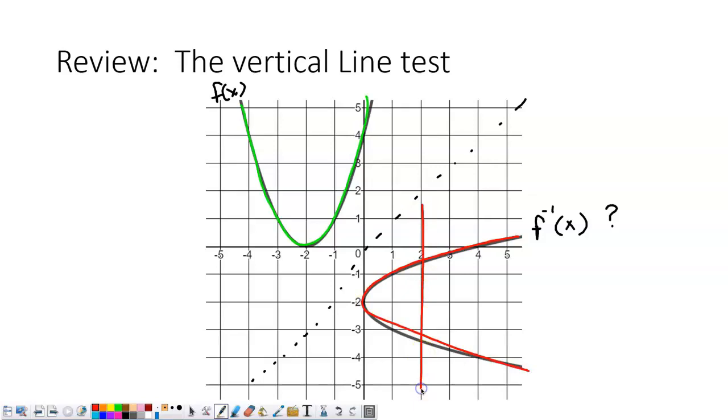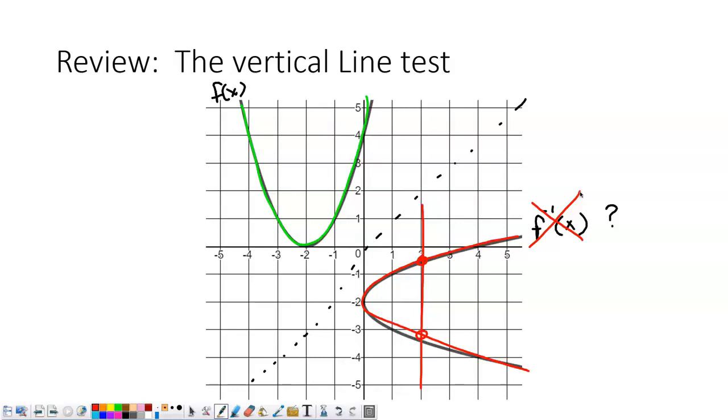It fails the vertical line test, which means that the inverse doesn't technically exist. Okay? It doesn't mean you can't draw the picture. You can. It's just that that picture doesn't represent what we have called a function.